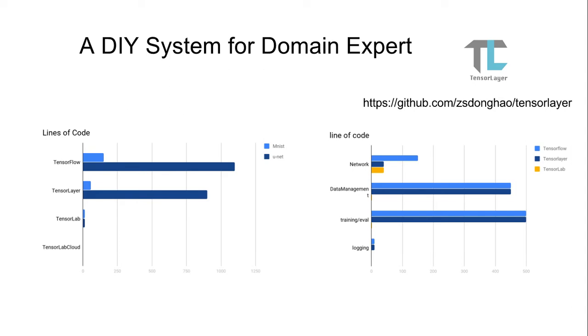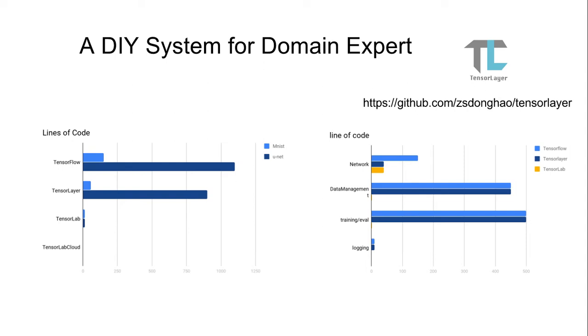We did some analysis. We found that the TensorFlow system is very hard to use for a non deep learning expert. And one of our PhD students from our group, Dong Hao, invented the TensorLayer system, which became very popular.